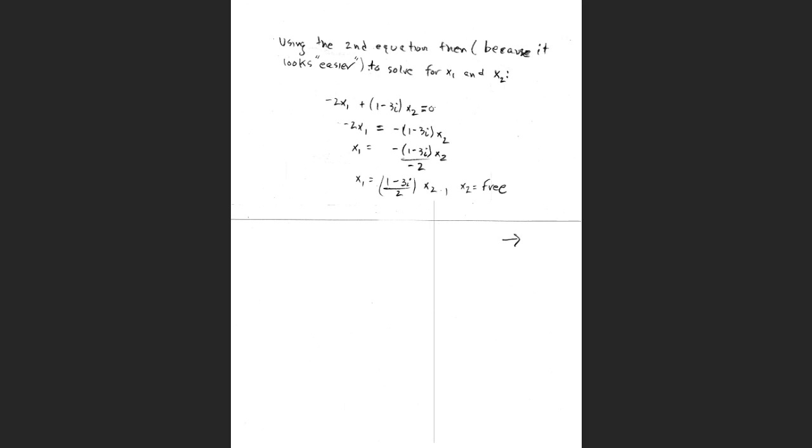It turns out x1 will equal the complex scalar (1 minus 3i)/2 times x2, and x2 is free. And we skipped section 5.4, by the way. This is 5.5, right?